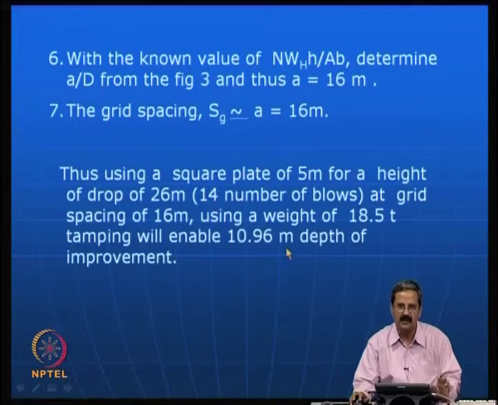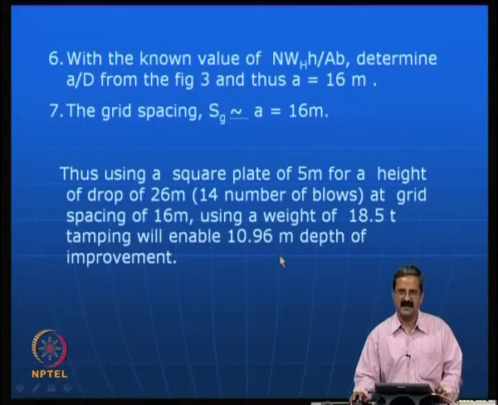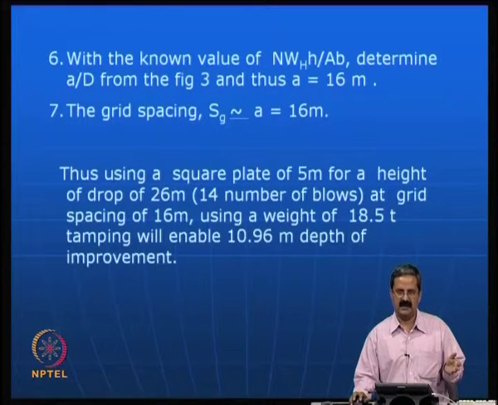You are now able to design in some sense using these two figures. With a known weight and height of drop, you will know what exactly are the variables involved.